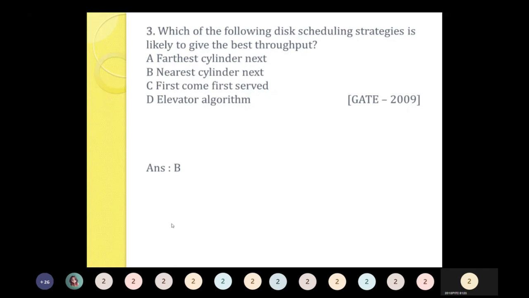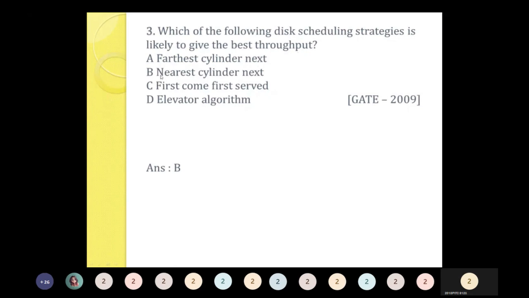By using the SSTF algorithm, we serve the cylinders nearest to the current cylinder, so everything is completed very fast. That's why my throughput is also best.